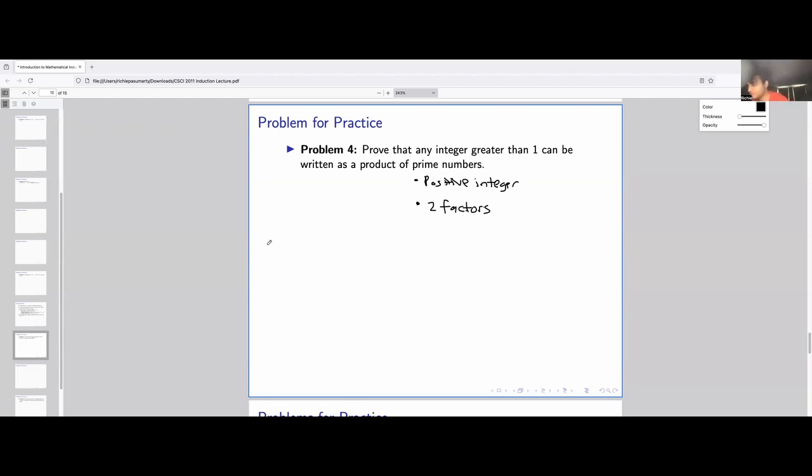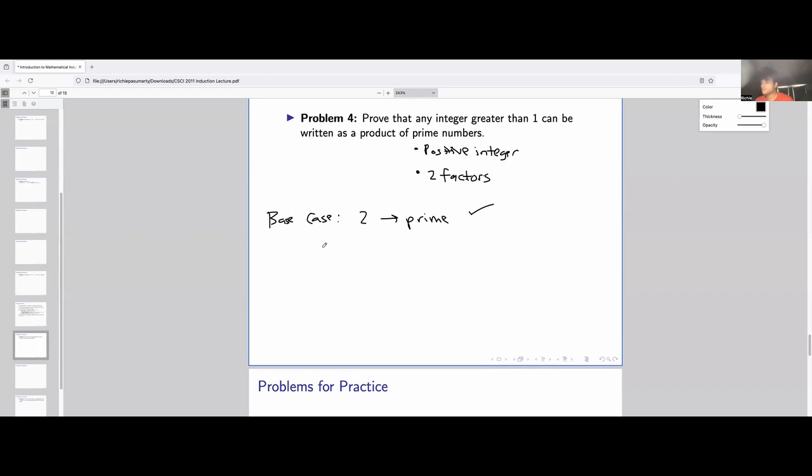All right, so let's just look at our base case. If we want to do more than one base case, that's totally fine. I'm just going to do one. So 2 itself is a prime. So we're good with the base case.